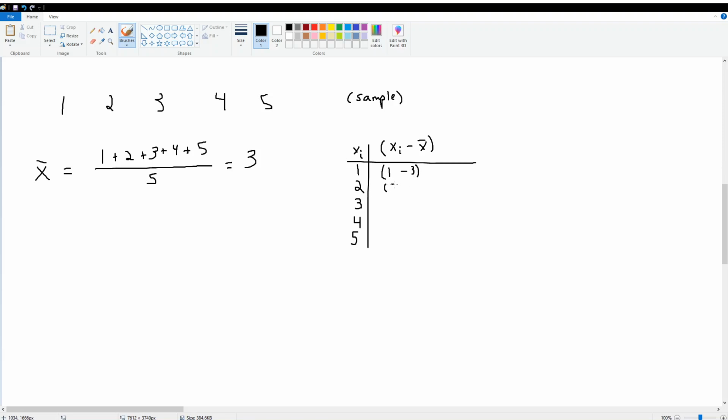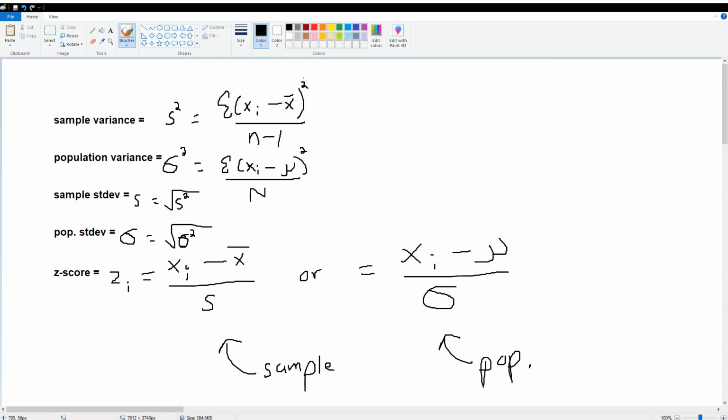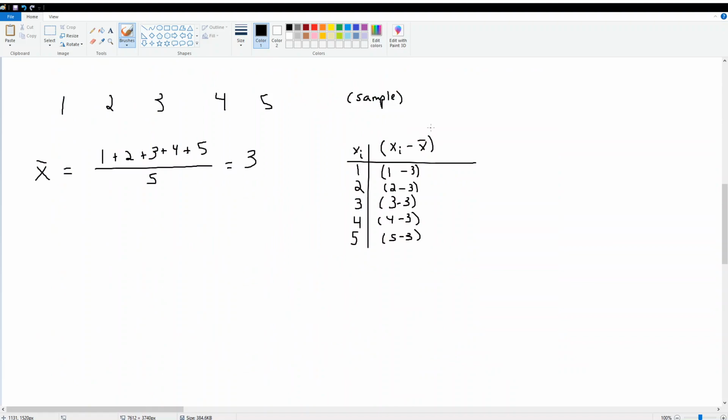Our next one is 2 minus 3. Then we have 3 minus 3. 4 minus 3. And 5 minus 3. Since we're taking the squares of these differences, we're going to square each of these differences. And so this is our second column.